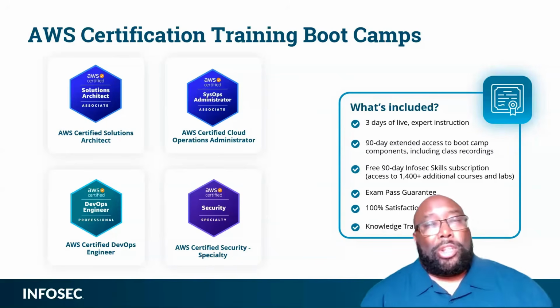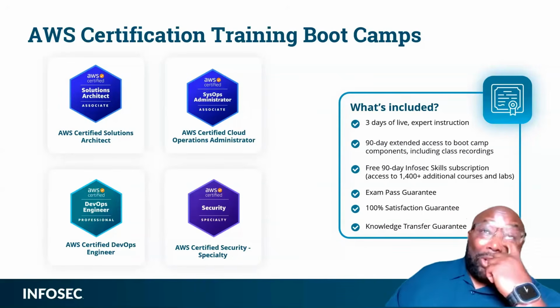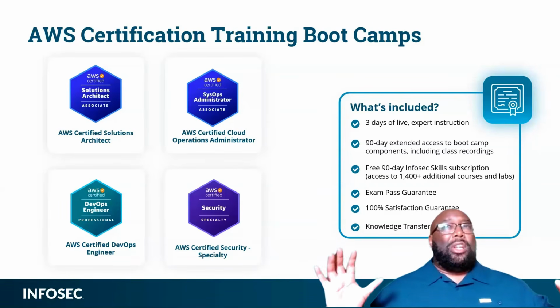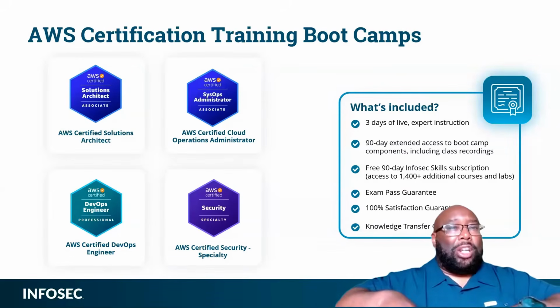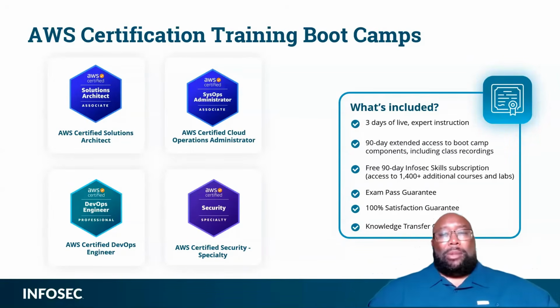The solutions architect professional is a higher level where you're architecting AWS solutions. The associate is a little more in the weeds, doing the pieces that an architect has actually put together. So that's what the solutions architect associate exam is.